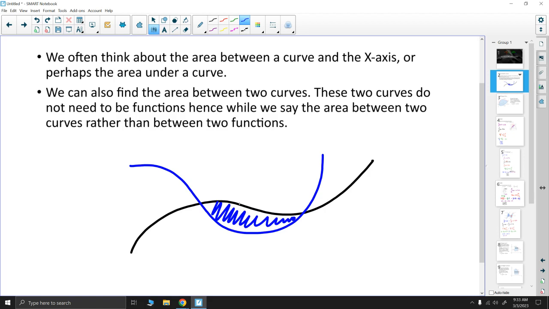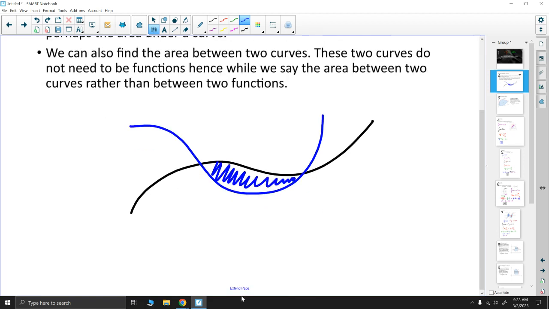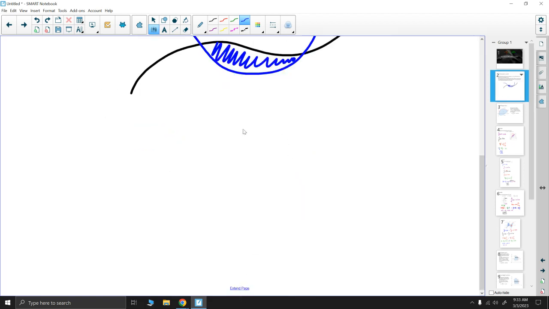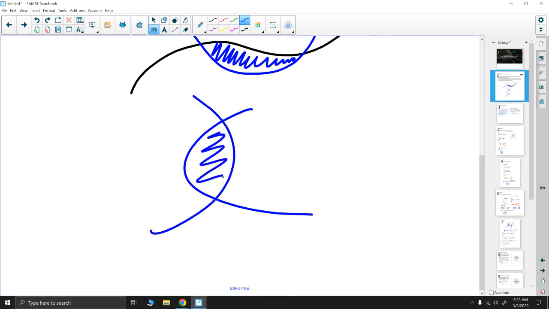Now, one of the things to note is that we often say curves and not functions, and the reason why is because we're actually not restricted to just functions. We're going to be able to take non-functions like this and find their area as well. We can do pretty much any curve.